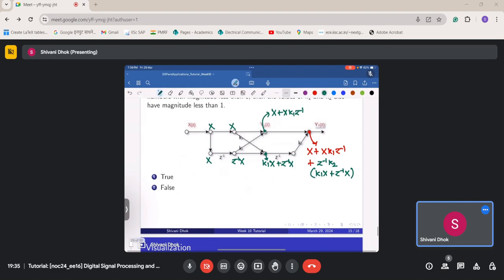Okay, so therefore y1 of z will be equal to x of z plus x of z into k1 into z inverse plus k2 z inverse multiplied by k1 x of z plus z inverse into x of z.